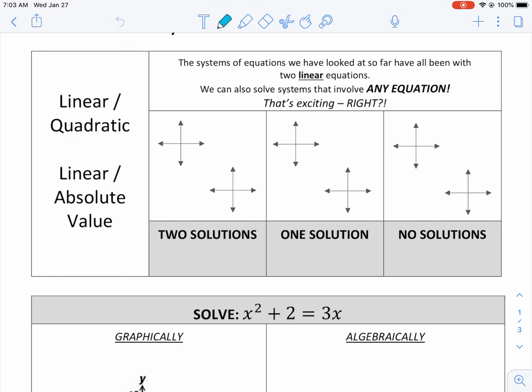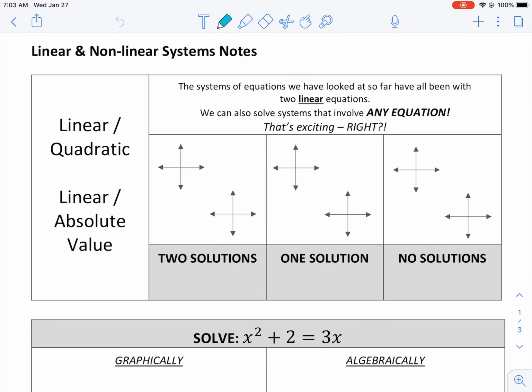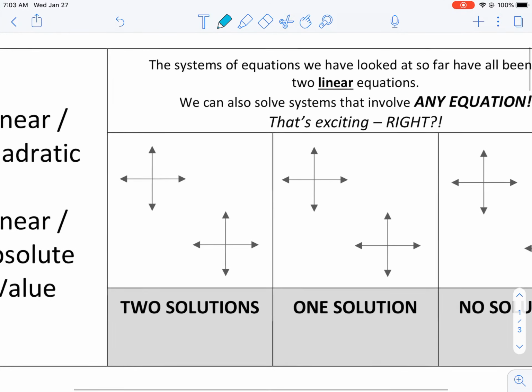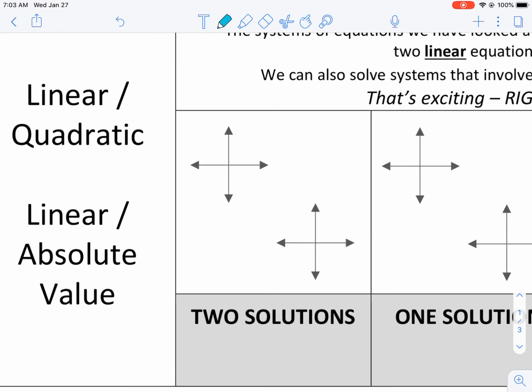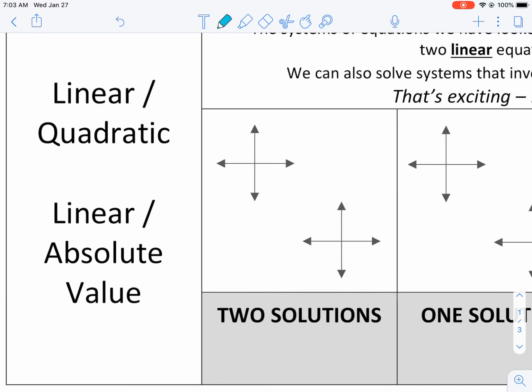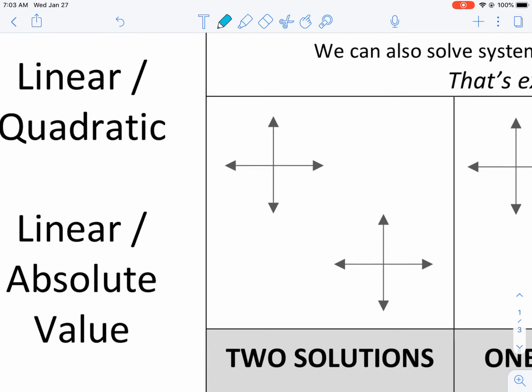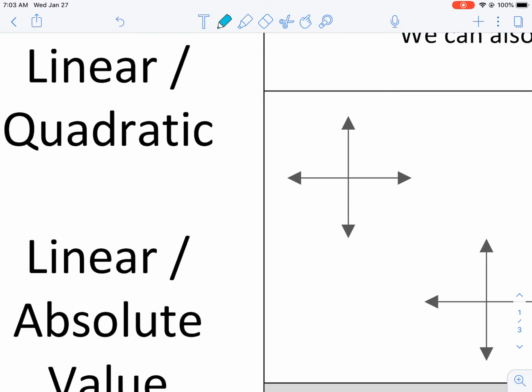We're going to make this real easy for you guys, okay? There are a lot of different ways this could look, because nonlinear could mean many different things. We're going to focus on only a few. So far all we've been doing are linear equations, but you could have a system where one is linear but one is a quadratic.